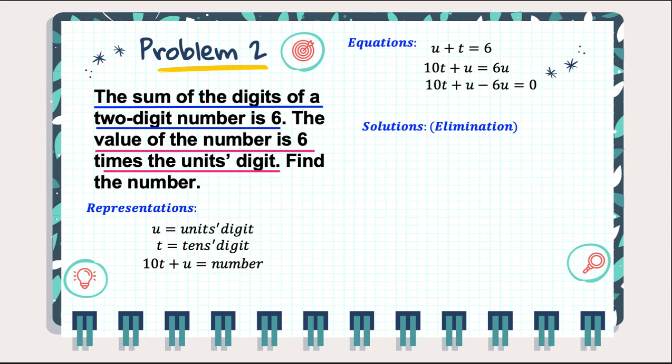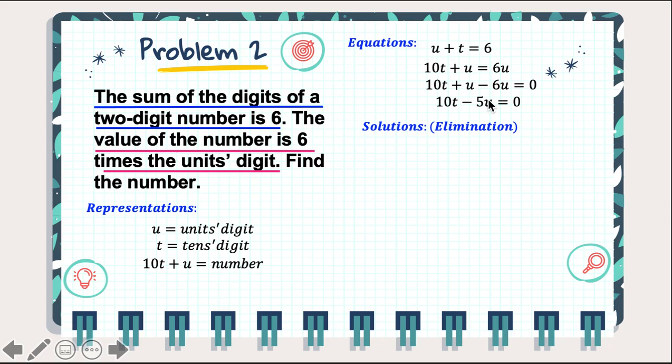So that will be 10t plus u, transposing 6u to the other side of the equation, minus 6u is equal to 0. Then simplify this equation. We have to subtract u and 6u, so that will be 10t minus 5u equals 0. And as you can see, it is already in standard form.